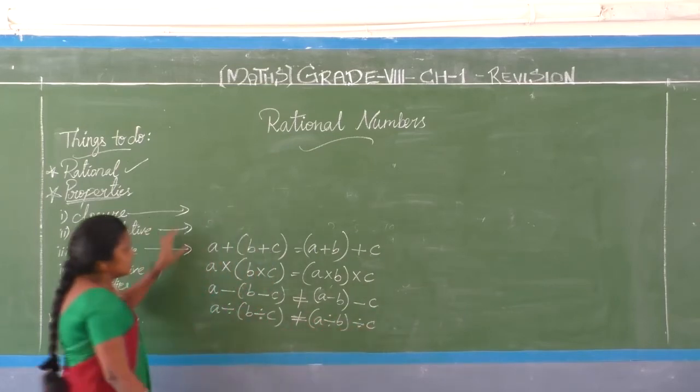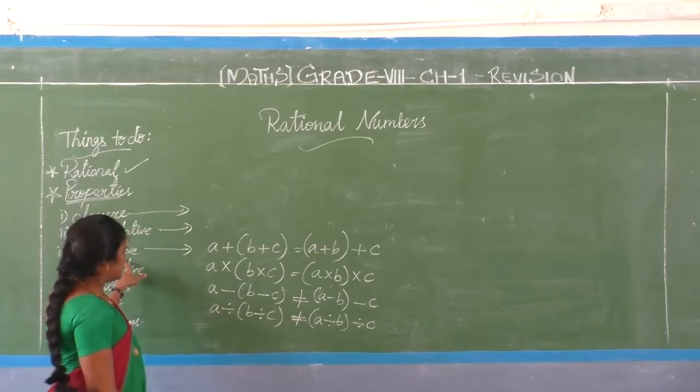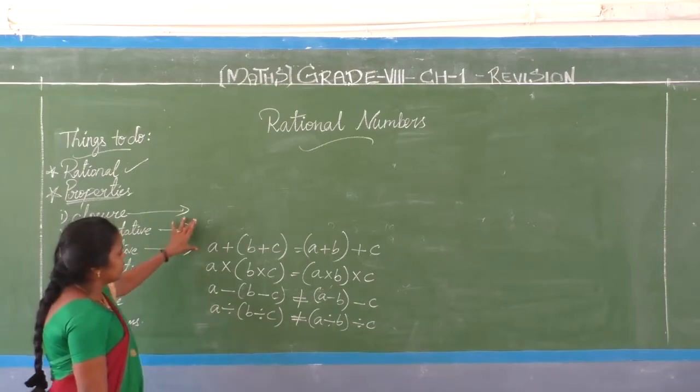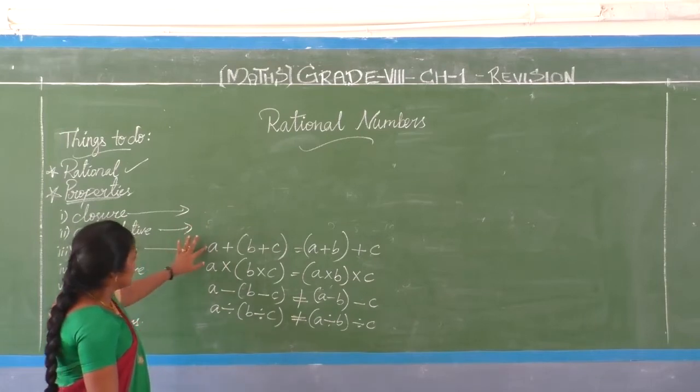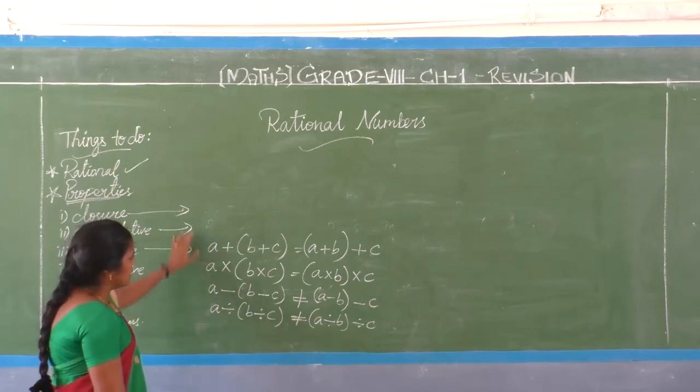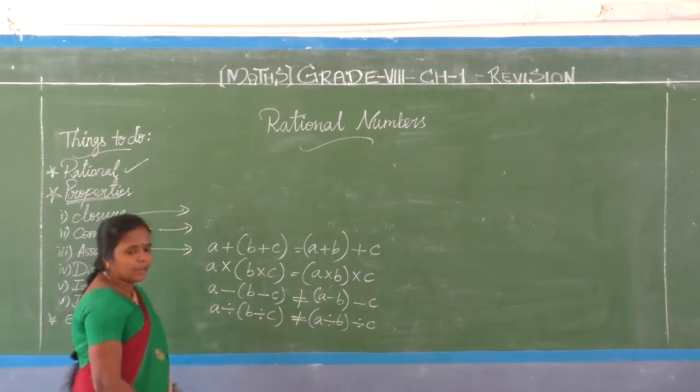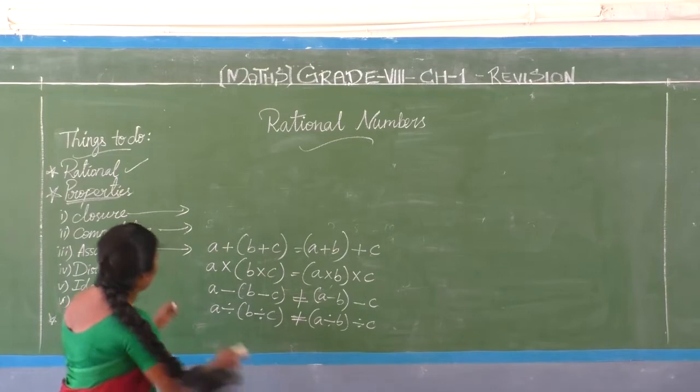So these are the formulae for associativity of rational numbers. In general, we can tell it is suitable for addition and multiplication, but not under subtraction and division. Clear? These are the formulae for associativity of rational numbers.